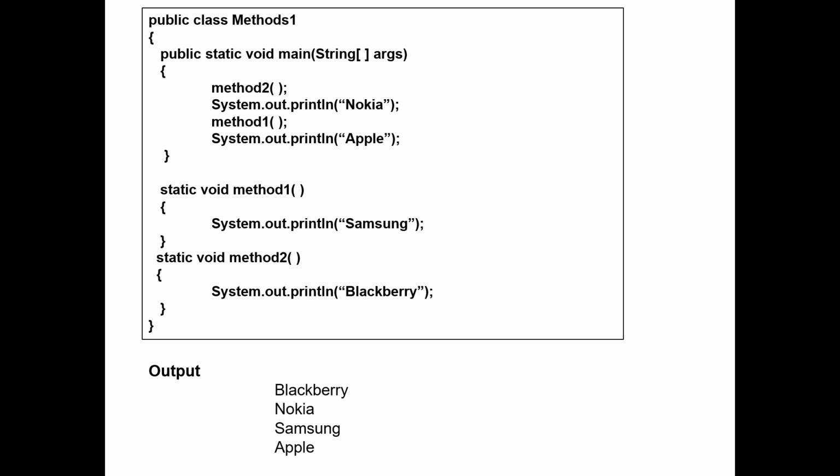We can see that we have method 2, which is going to be the first output. Then from our main method, we are calling into this. The main method is the one that's going to execute the commands, while other methods outside our main have to be called from our main method. If they are not called from our main method, these commands are not going to be executed.